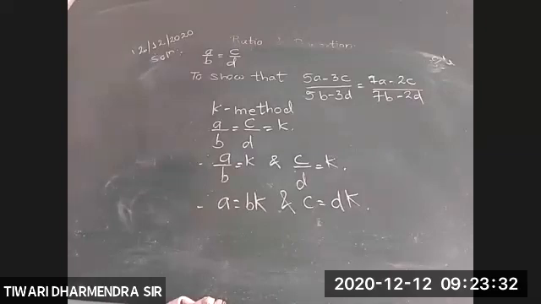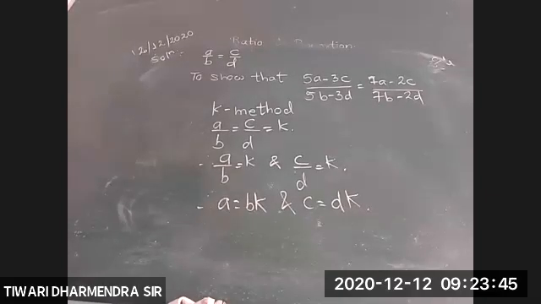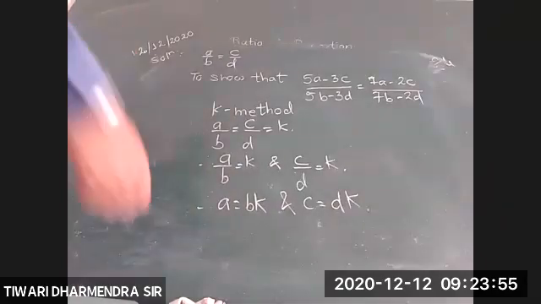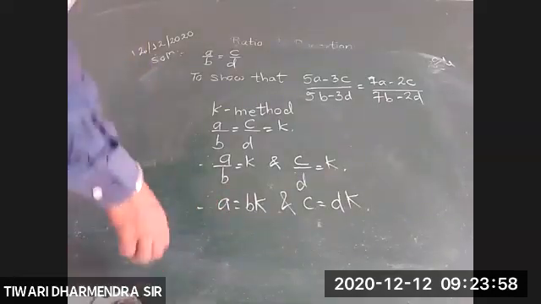Now just use the left hand side and right hand side. If we find these to be equal to the same value, it means we are through. So let's see how to execute this type of problem. Consider the left hand side.